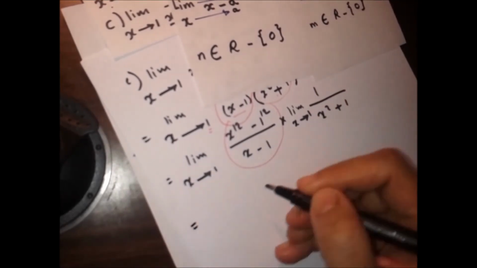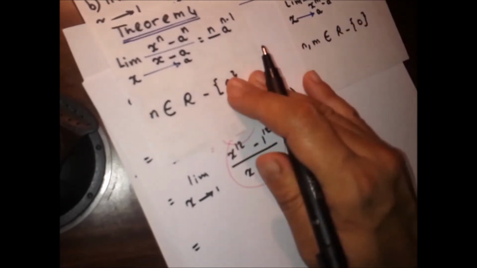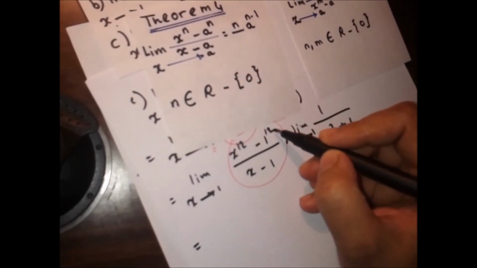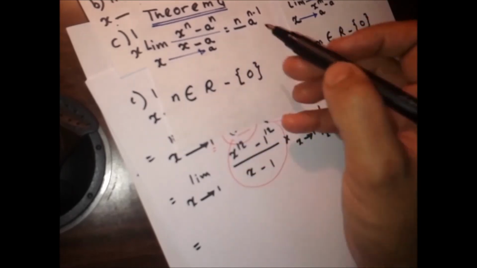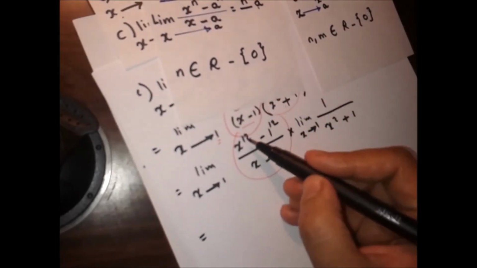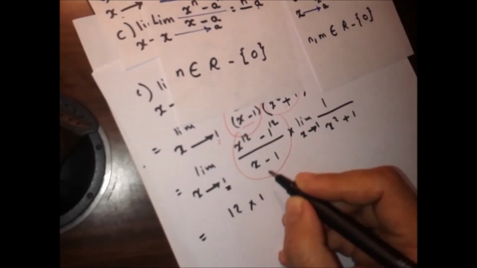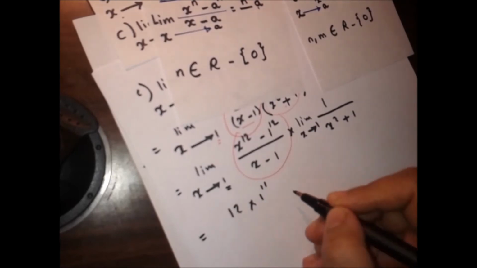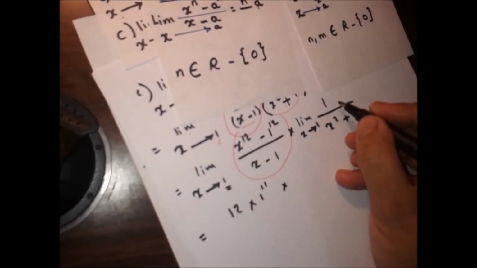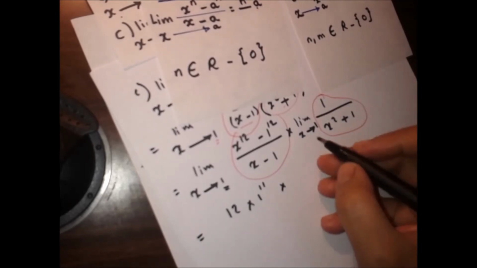So this is equal to, by the theorem, x to the power 12 minus 1 to the power 12 over x minus 1. So this is equal to n times a to the power n minus 1, where n is 12 times a, which is 1, to the power 12 minus 1 to be 11, and times this part, we will evaluate by direct substitution.